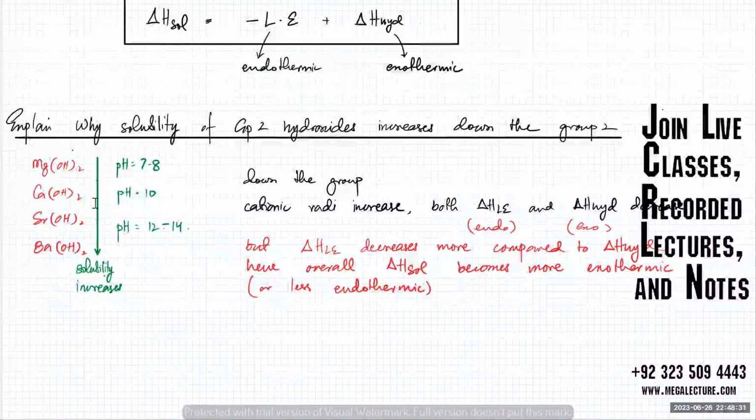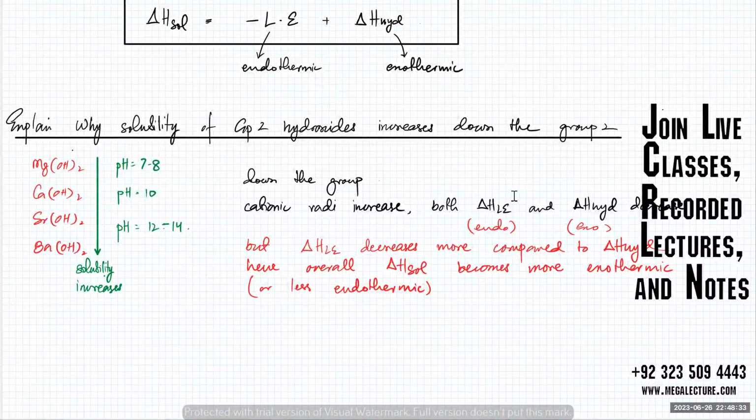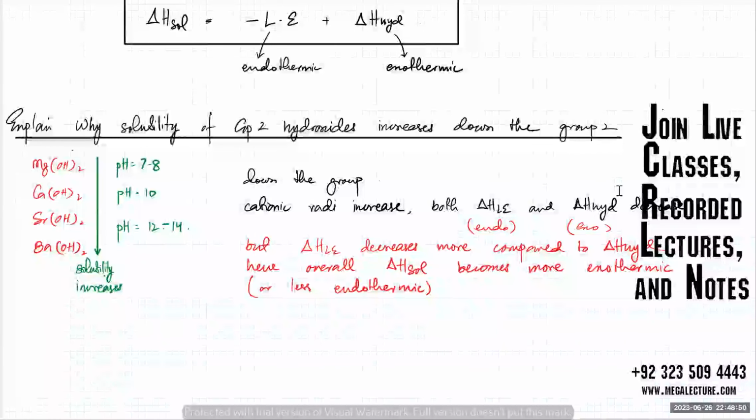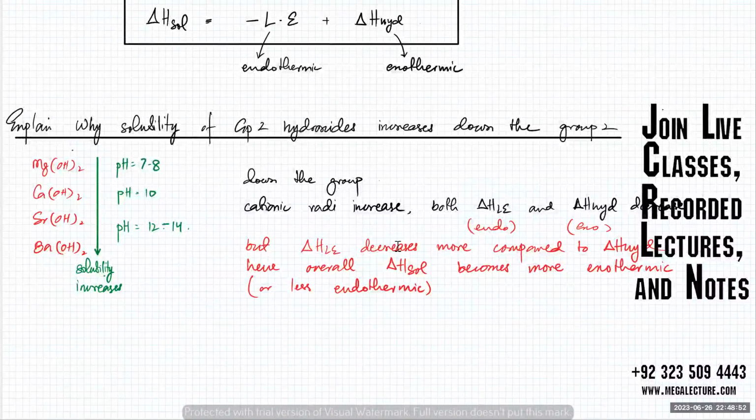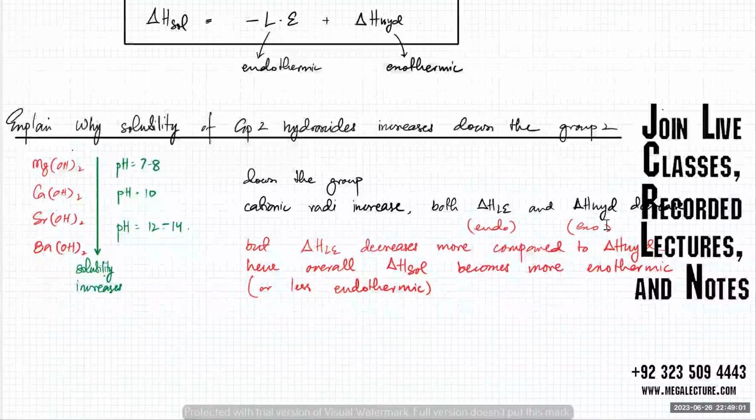But since the solubility increases, when does the solubility increase? When you're breaking the lattice, it becomes easier to break the lattice. Then the substance will be more soluble, right? Is that clear? Yeah. So down the group, breaking the lattice is becoming even easier compared to this one. So lattice energy decreases more compared to enthalpy of hydration. Does that make sense now? Yeah, that makes sense.